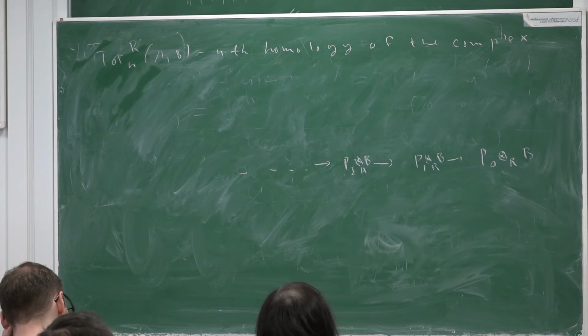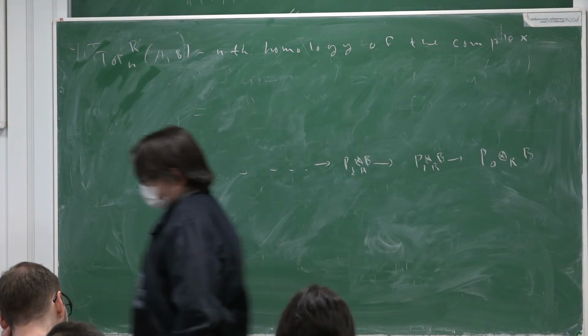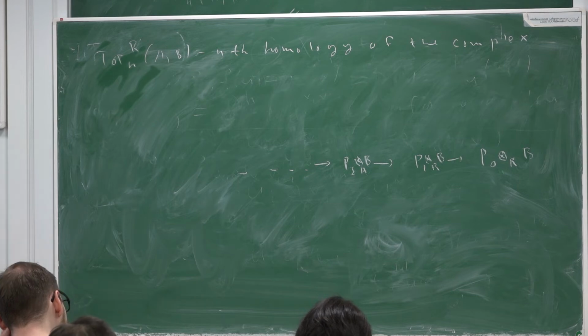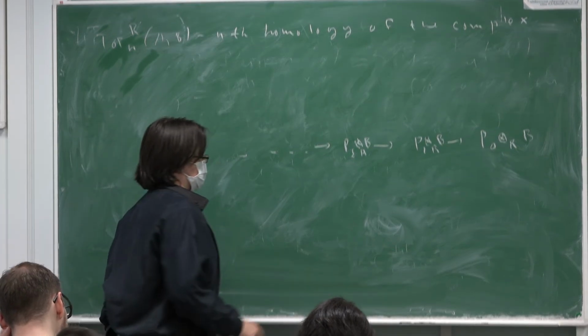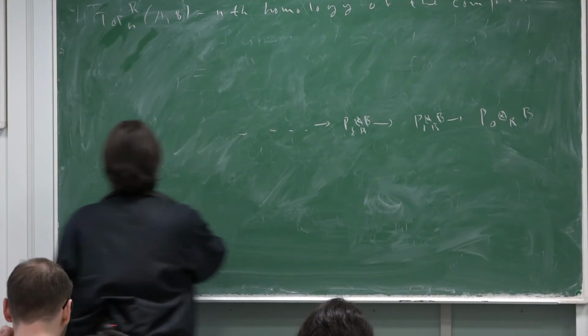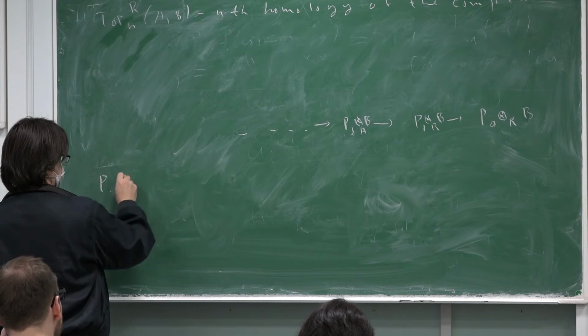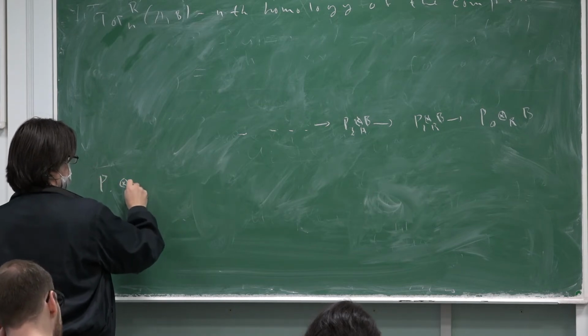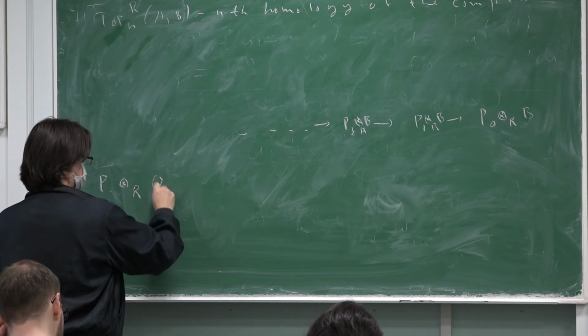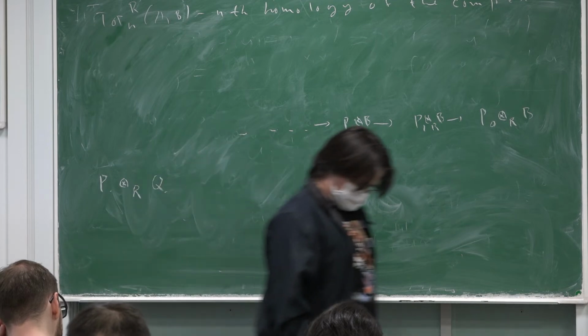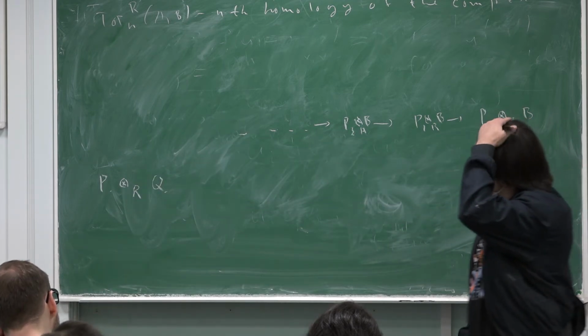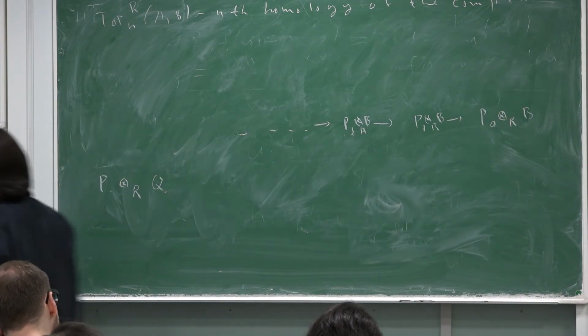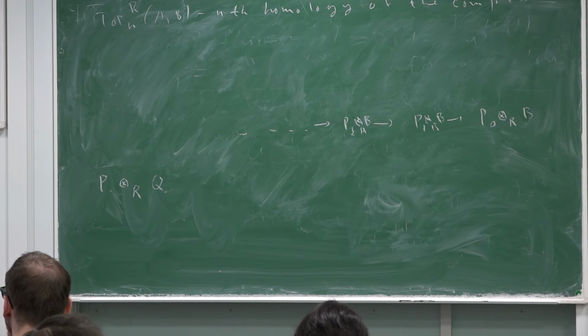On the other hand, if we consider the complex P tensor over R Q, then there is a map. Well, let's denote these maps in some way.